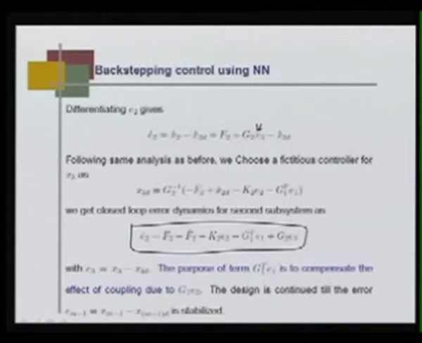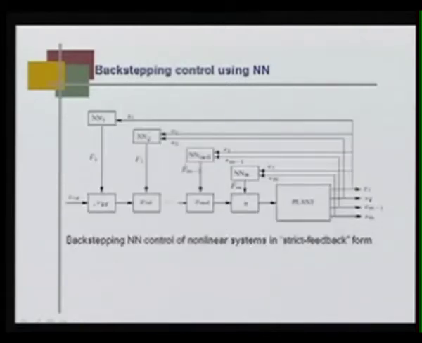So, x2d is a function of x1d and f1 hat, x3d is a function of x2d as well as f2 hat, and so on, and u is finally a function of fm hat, which is the output of the mth neural network whose input is x1 to xm, and also u is a function of xmd dot.